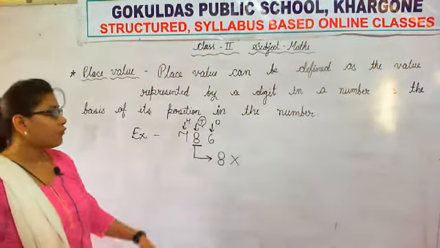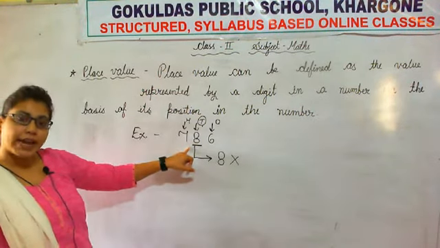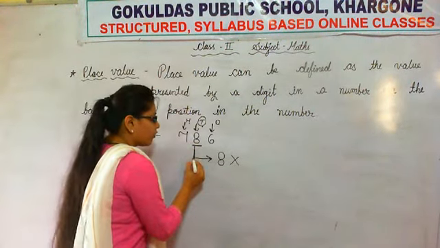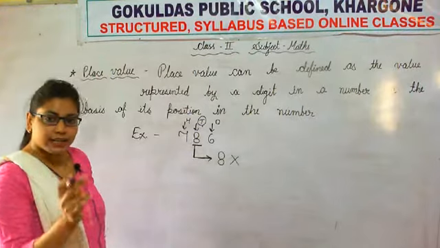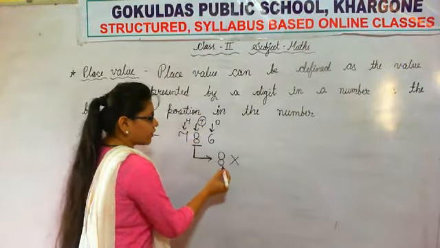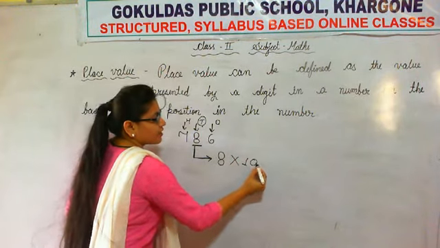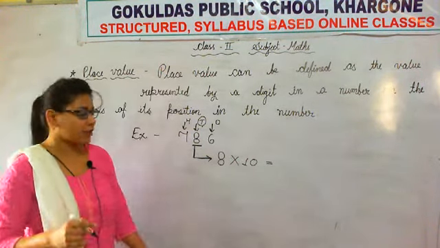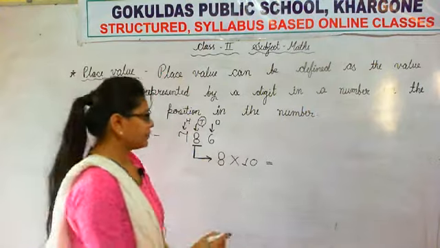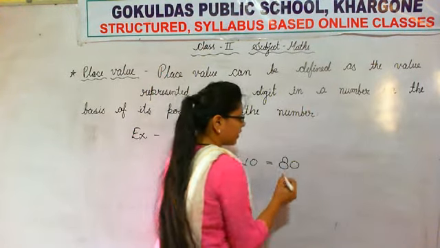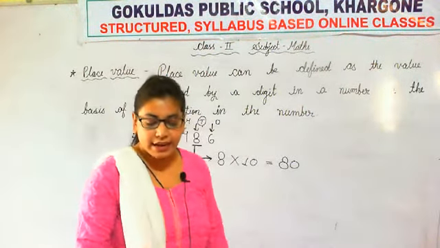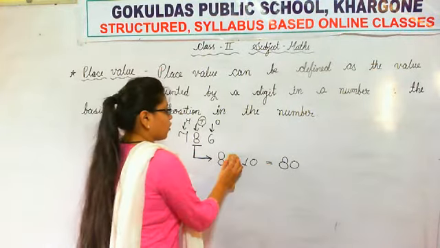So, to find the place value of 8, we will multiply the digit by its position. What is our digit? 8. And what is its position? Tens. So, we will multiply it by tens. So, 8 into 10 is 80.